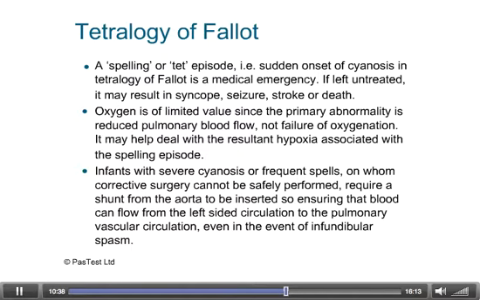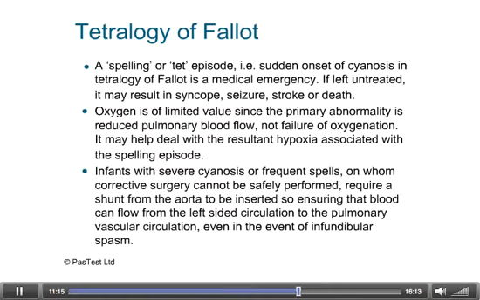This means there's a failure of blood to go out from the right ventricle into the pulmonary trunk and to the lung. This is associated with a right to left shunt across the ventricular septal defect, and therefore intense cyanosis occurs because desaturated blood is moved directly to the systemic circulation from the right ventricle. There is also no or little blood flow back from the lung of any saturated blood.